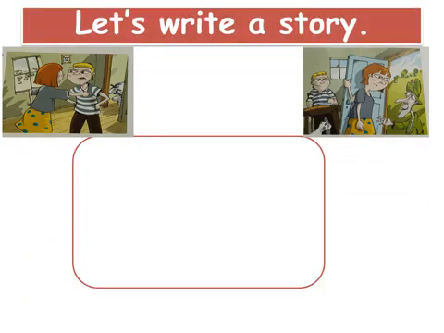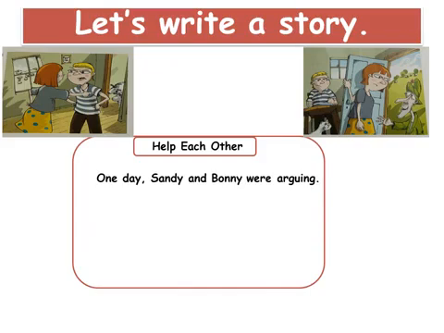In this paragraph, I start with the title, and my title was Help Each Other, right? Now you should have your own title in the copybook. Then I wrote a sentence that describes the beginning. I left a space on the first line and I wrote, "One day Sandy and Bonnie were arguing."